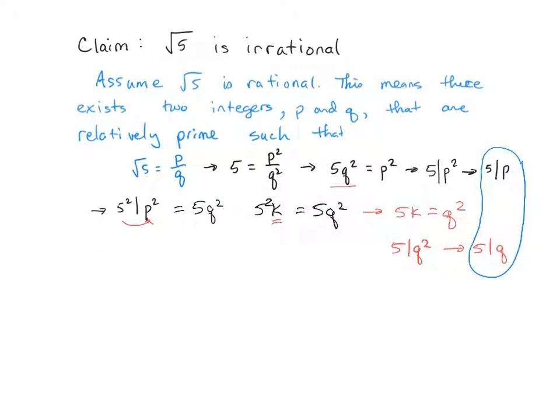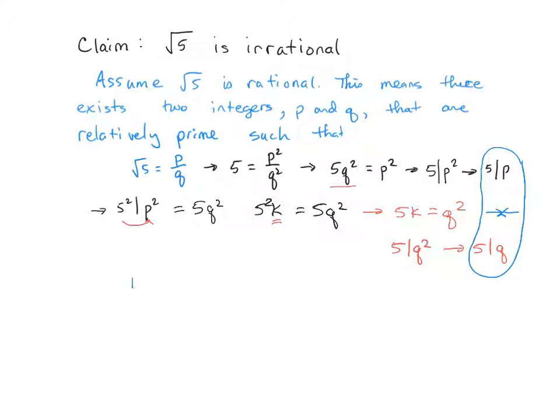Because if you remember, we said that if the square root of 5 is rational, p and q must be relatively prime. They have nothing in common. But we've just shown that if we make that assumption, then both p and q are divisible by 5, and they're not relatively prime. So there's a contradiction with our statement. Another way we can show this is if we have two arrows going at each other like this. Okay, so there's our contradiction.